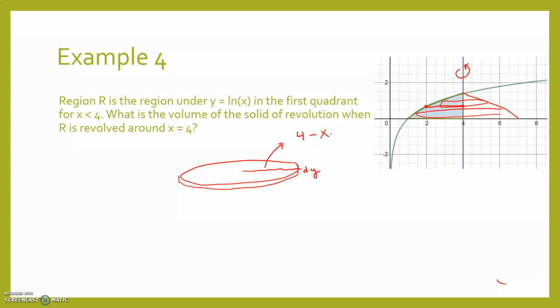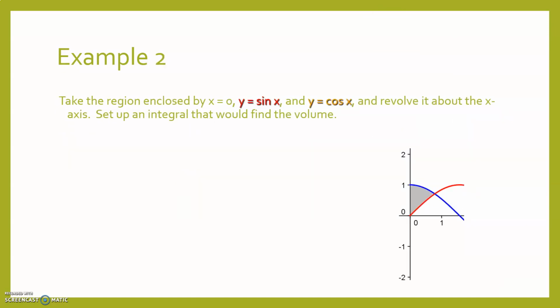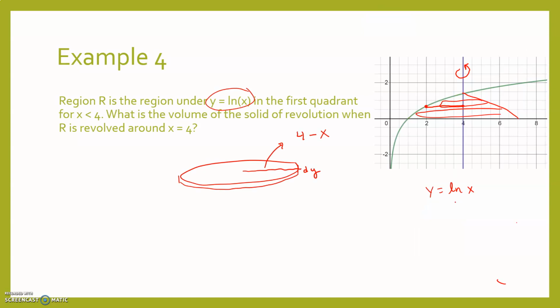But we don't want it to be in terms of x, we want it to be in terms of y. So we're going to take a look at our function and exponentiate both sides. Whoa! And so we get e to the y is equal to x. So our radius is going to be 4 minus e to the y.